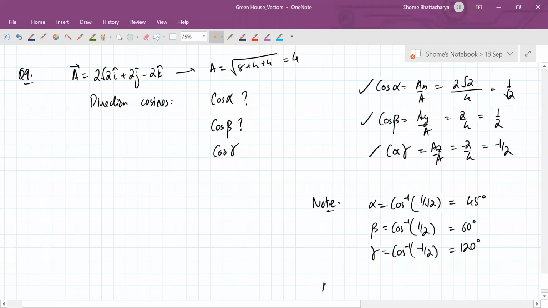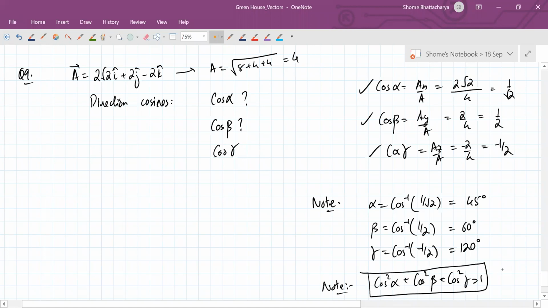Okay. And also note one more thing, always cos square alpha plus cos square beta plus cos square gamma is unity. That is a property of direction cosines. Okay, so this is an identity. Like sine square theta plus cos square theta is always 1. So you can check that that identity is holding true here.